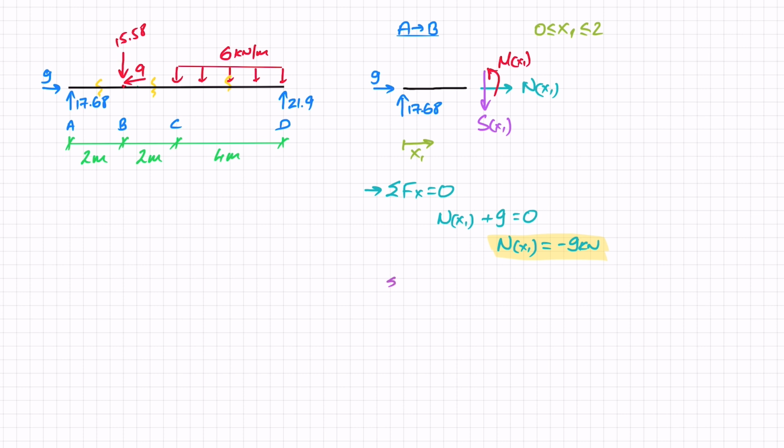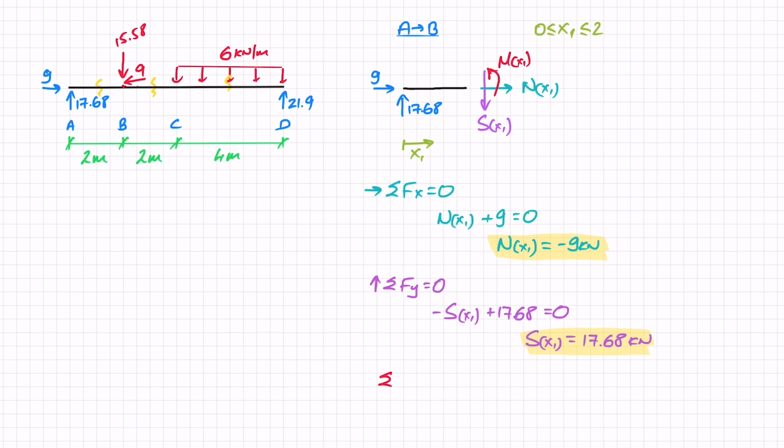Moving on to the sum of forces in the y direction equals 0, with this being my positive direction, I've got minus SX1 and then plus 17.68 equals 0. So SX1 equals 17.68 kilonewtons. And we can see here that that is just a constant throughout this cut.